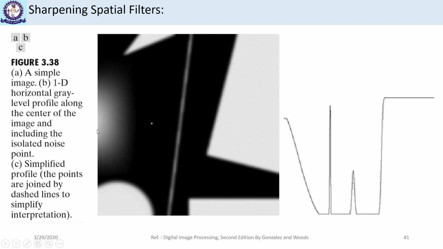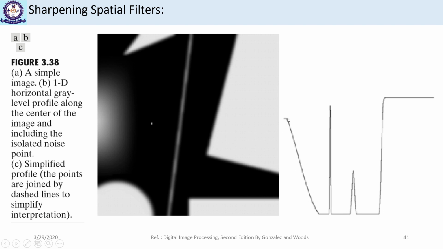If I draw the profile of the intensity level across this line, it would be like this. Here we can observe that the intensity level is up to a mark, not the highest but close to the brightest level, and then the intensity is decreasing on the right hand side.